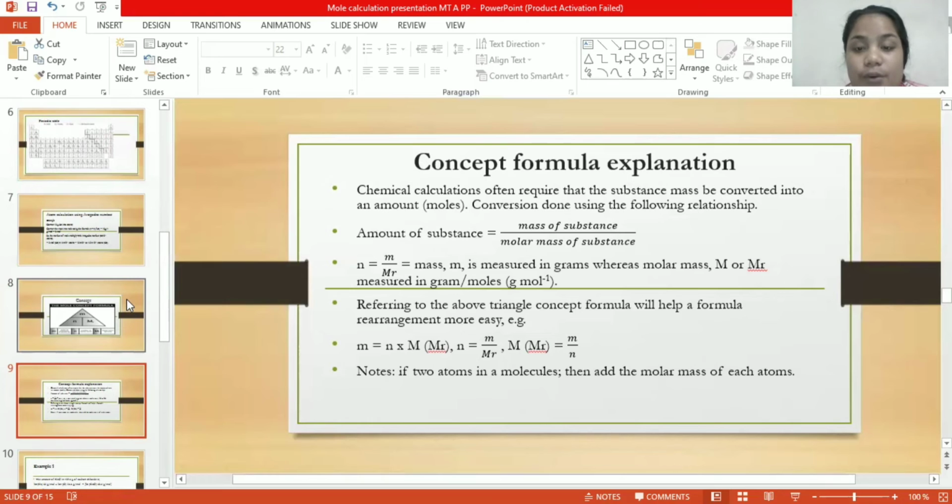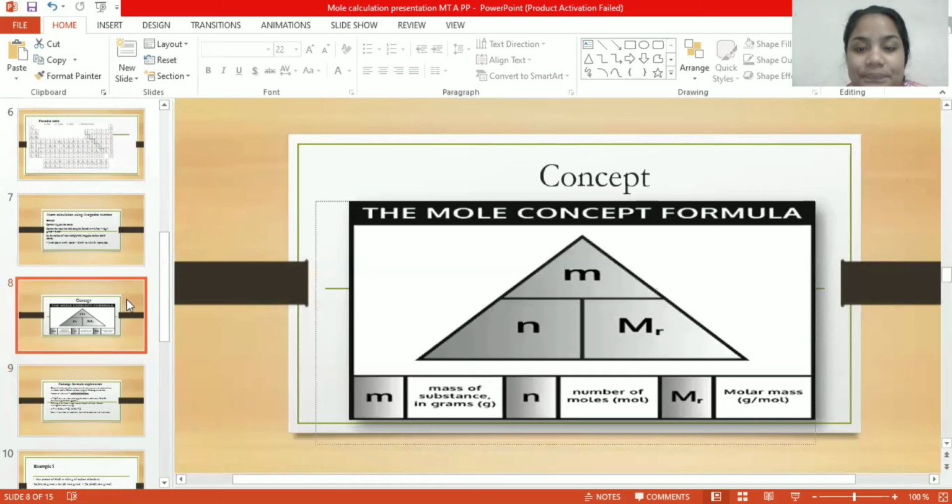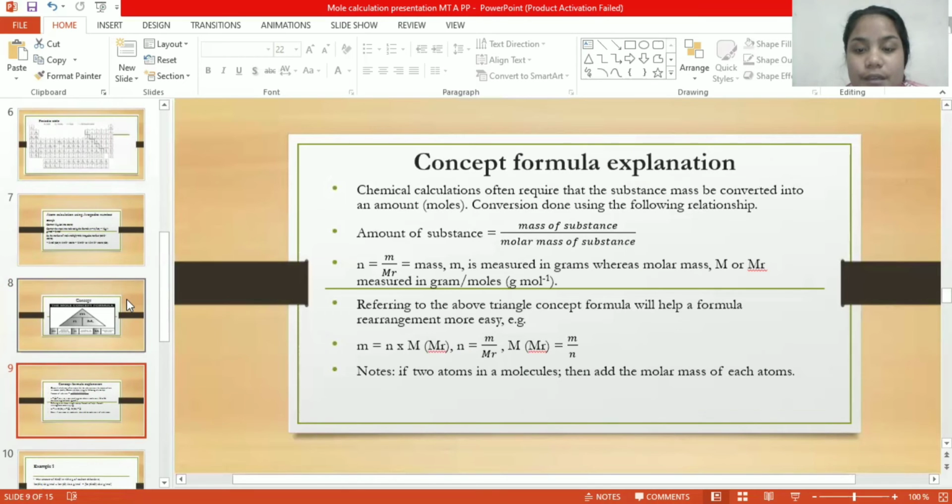Referring to the triangle concept as given here, it will help us rearrange the formula if we have to find either the mass or the molar mass of an atom or a molecule.